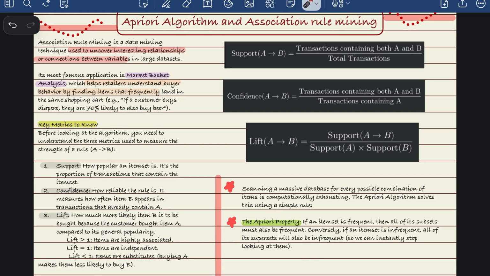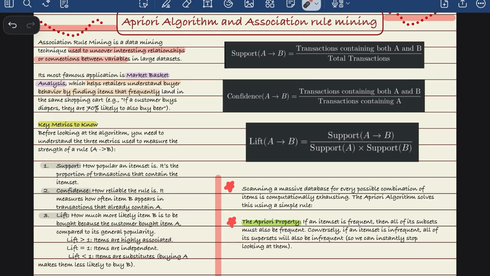For example, item B is the most infrequently bought item, the least likely item to be bought. So whenever it is associated with something, the superset might not be bought that much. I hope you're getting my point.